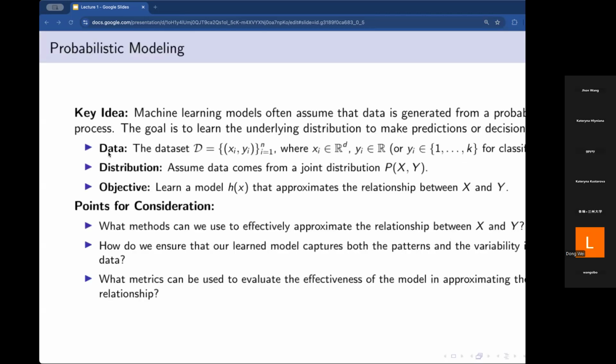Let's consider the key idea of probabilistic modeling. Often, machine learning models assume that the data is generated from some probabilistic process, and the goal is to learn the underlying distribution to make accurate predictions or decisions. We start with our data set, represented by a set of input-output pairs.